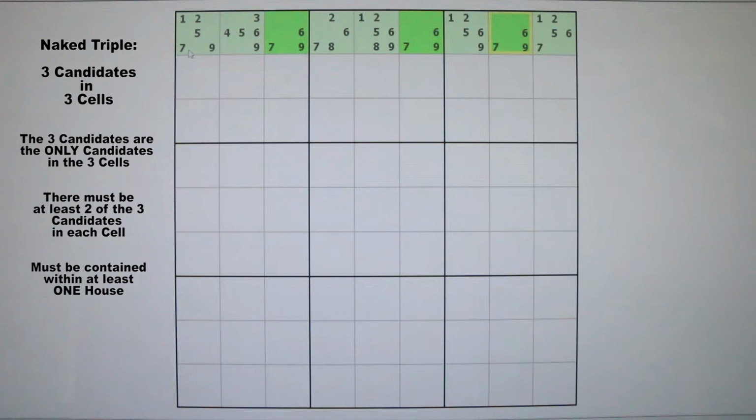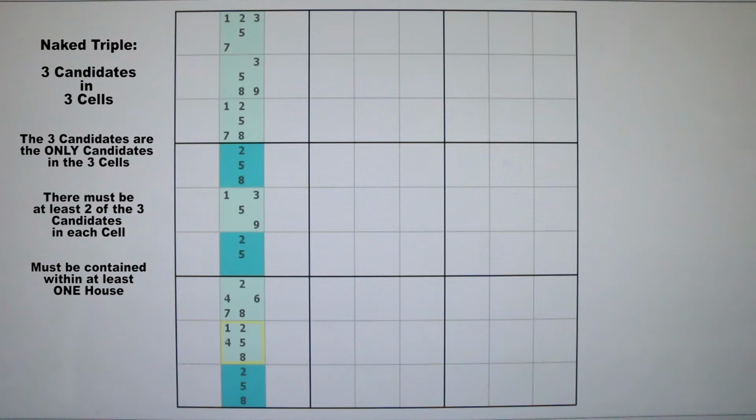So we can eliminate this 7 and this 9, and that 6 and that 9, and that 7 and that 6, and that 6 and that 9, that 6 and that 9 and that 7 and that 6. Because those 3 darker colored cells must contain the 7, 6, and 9, which means they cannot be true in any other cell of that house.